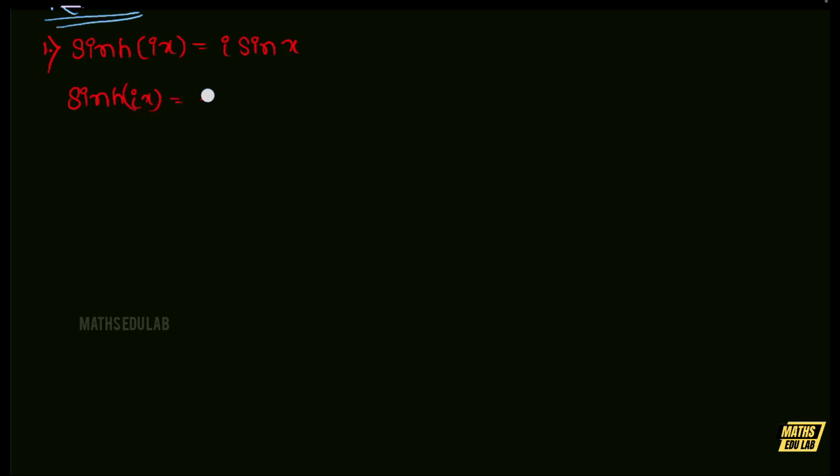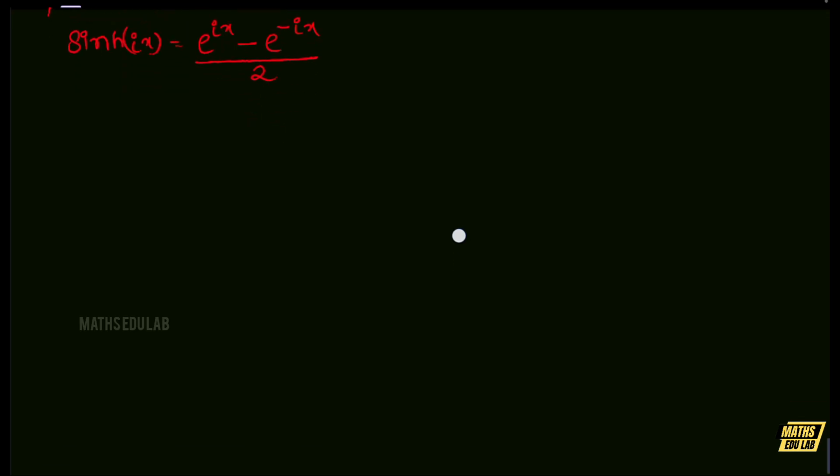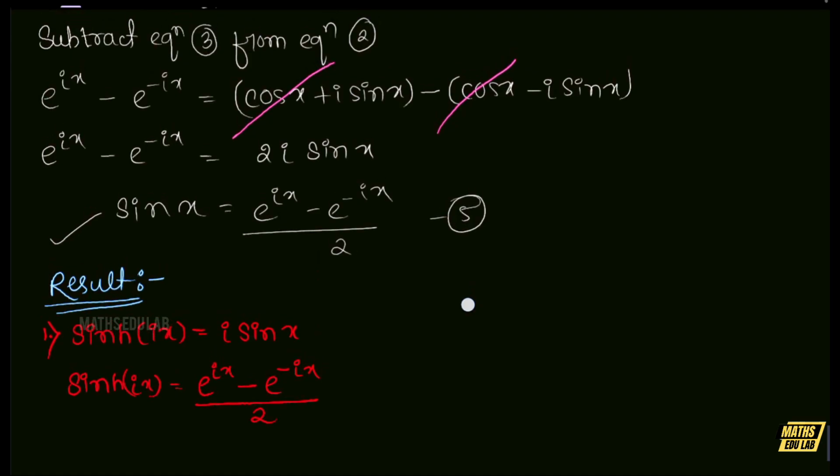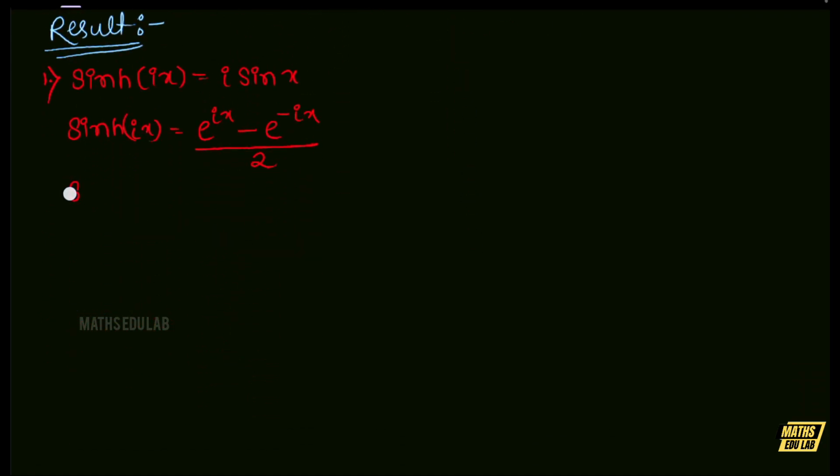So in the same form, e to the power of x, in place of x I write ix, minus e to the power of minus ix, upon 2. Sorry, I think here we have to get the i value. Yes, so sine hyperbolic ix will be equal to e to the power of ix minus e to the power of minus ix.